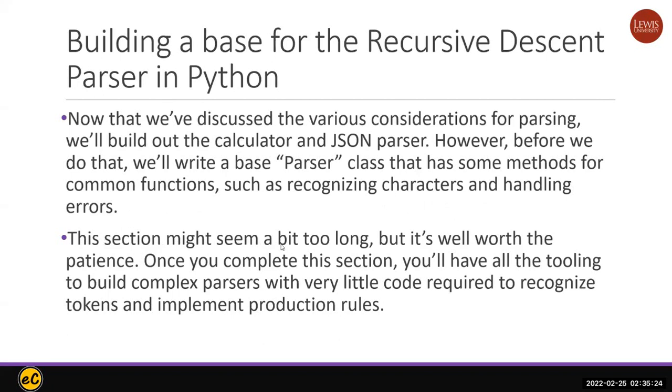This section might seem a little bit long, but it will be well worth the patience. Once you complete this section, you will have all the tooling to build complex parsers with very little code required to recognize tokens and implement production rules.